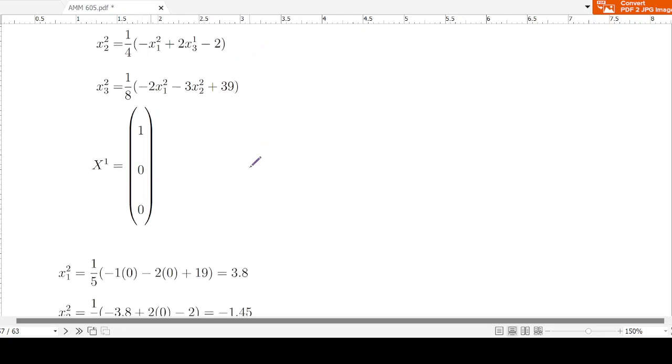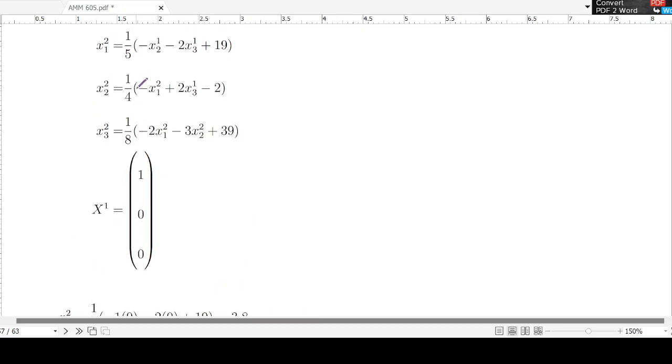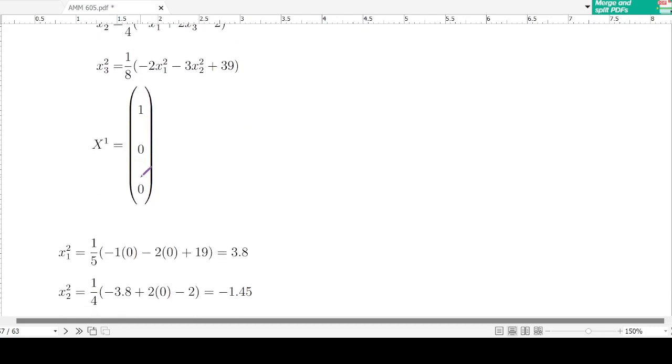So when we substitute, we get 0.8. In the second equation, notice that the value that we use here is the value that we have obtained from here, not the old value 1, which is in the initial approximation.